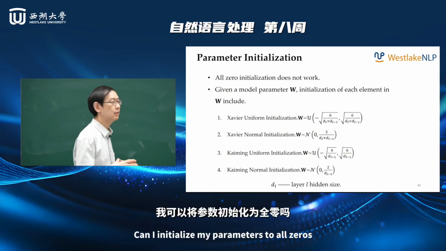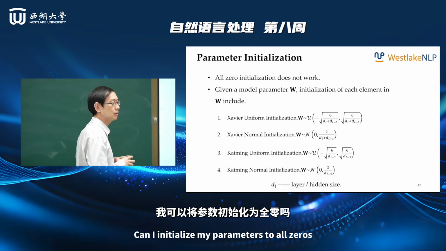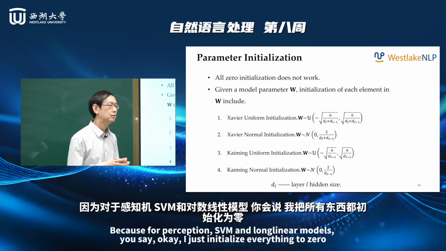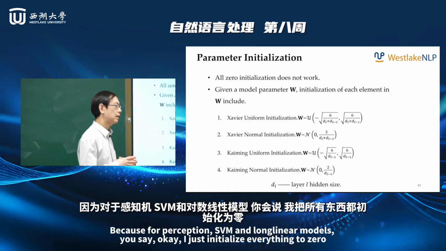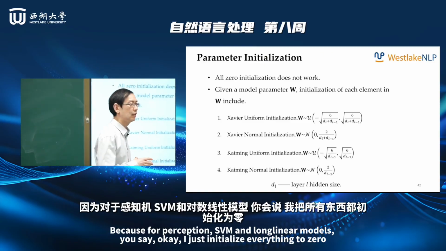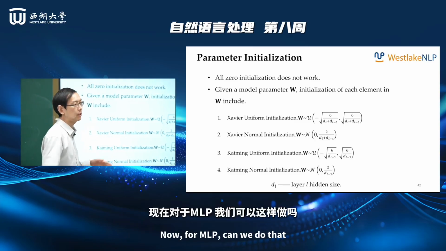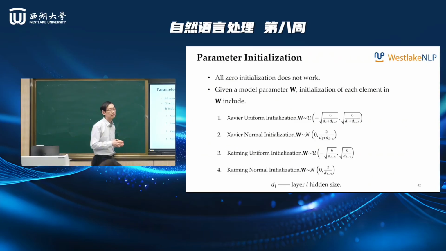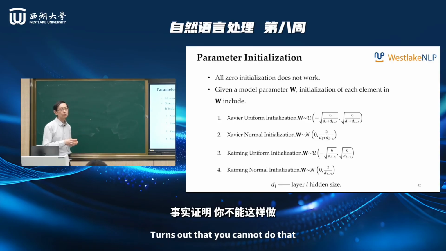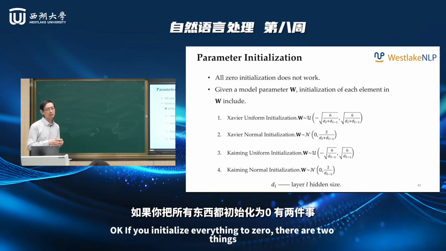Can I initialize my parameters to all zeros? For perceptron, SVM, and log linear models, you say, okay, I just initialize everything to zeros. Now for MLP, can we do that? It turns out that you cannot. If you initialize everything to zeros, there are two problems.